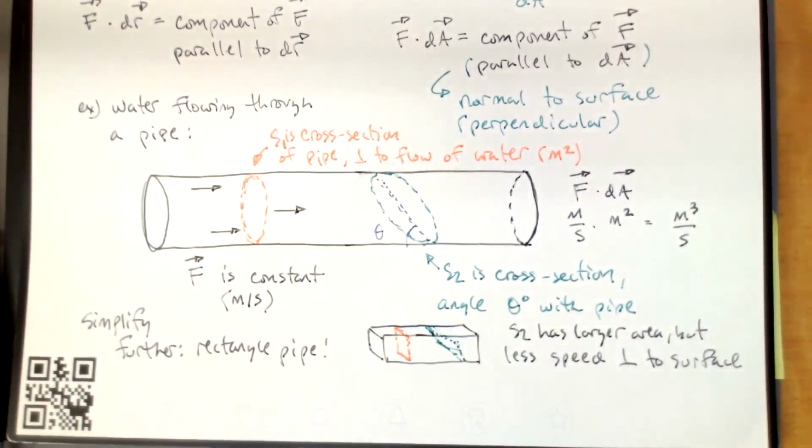So if we think about what this water flow problem could represent, even though our angled cross-section has a larger area, we're not measuring the full force of the water flowing through it because the water is not flowing normal to the surface. So the area has increased, but we'll see less speed through the surface.